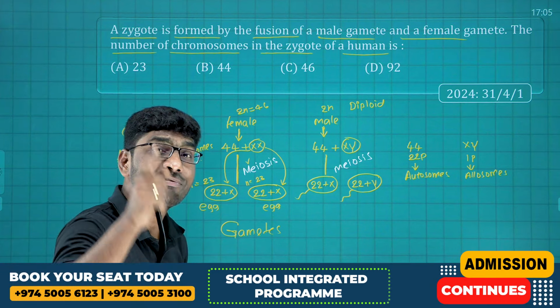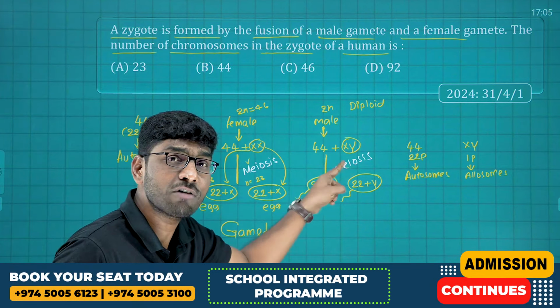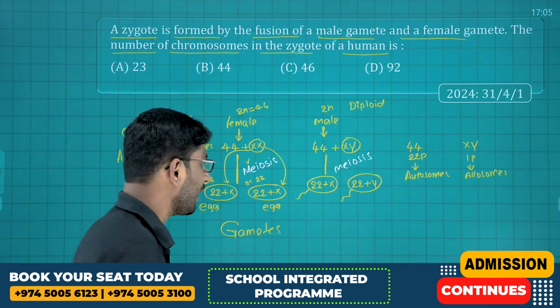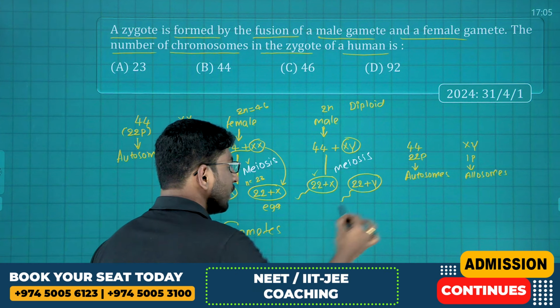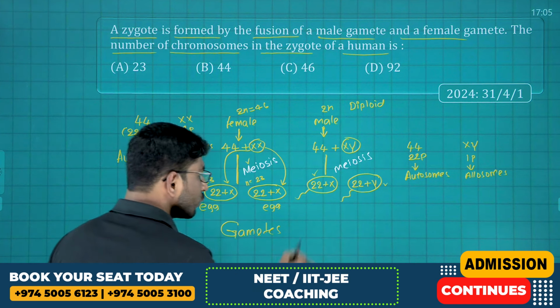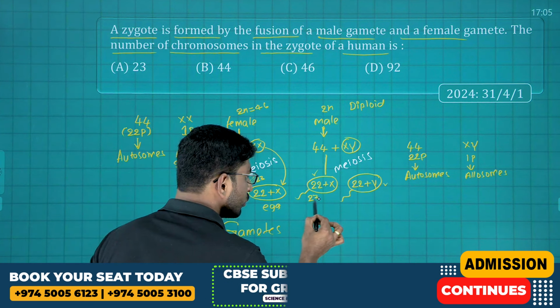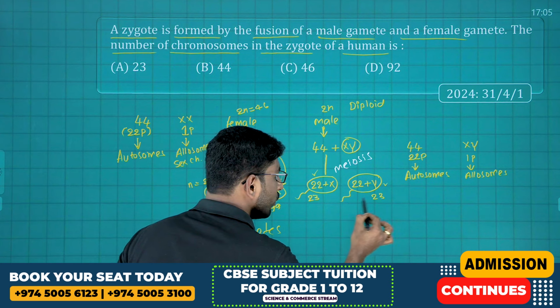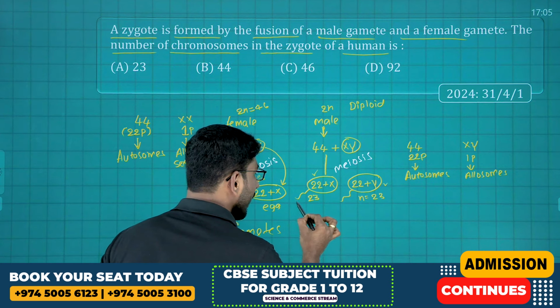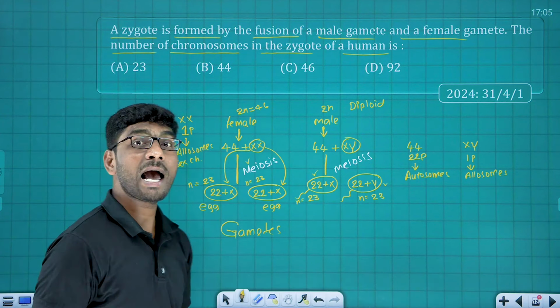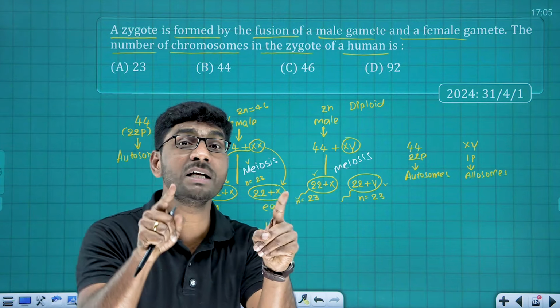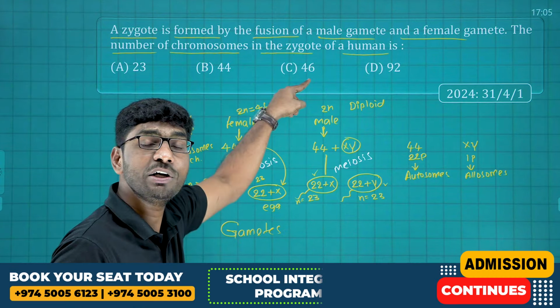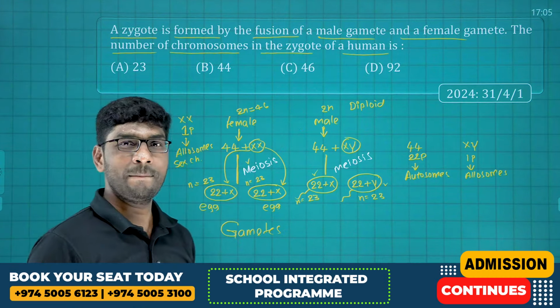How many different types of gametes are there in the male? 2 different types of gametes. One is the X chromosome sperm, one is the Y chromosome sperm. So here 23 chromosomes, here also 23 chromosomes. n equal to 23. That means haploid. Gametes are haploid, individuals are diploid.